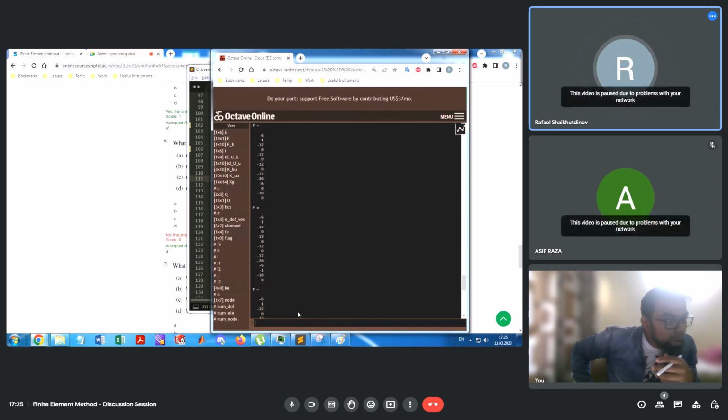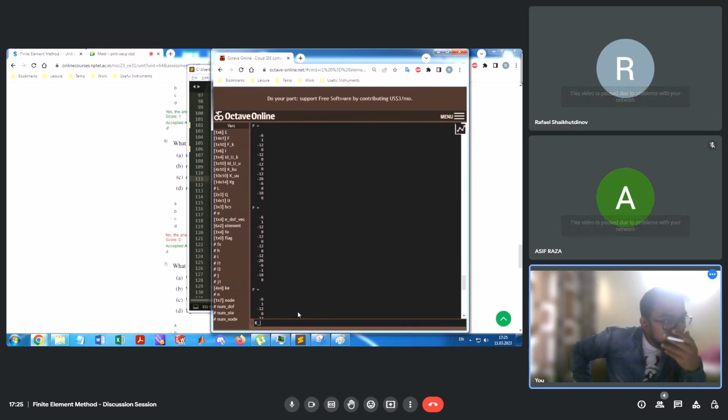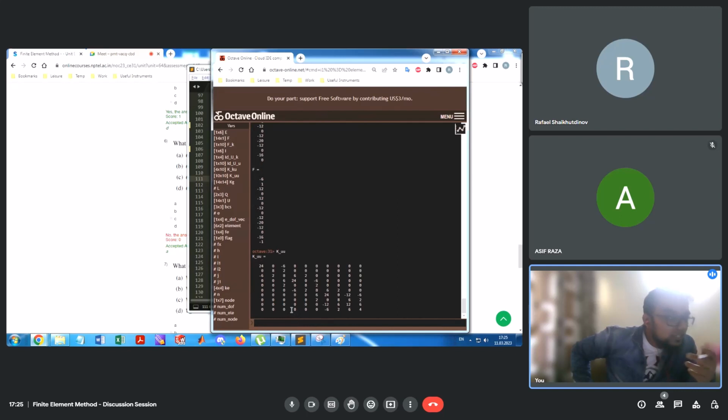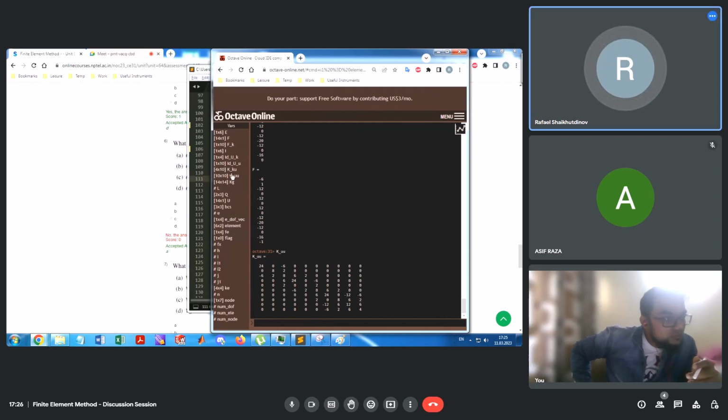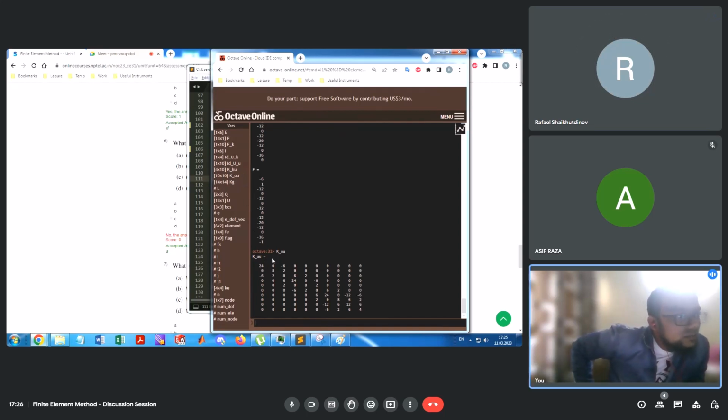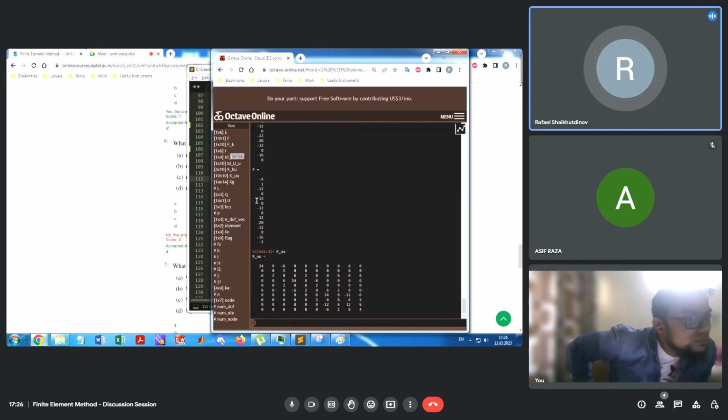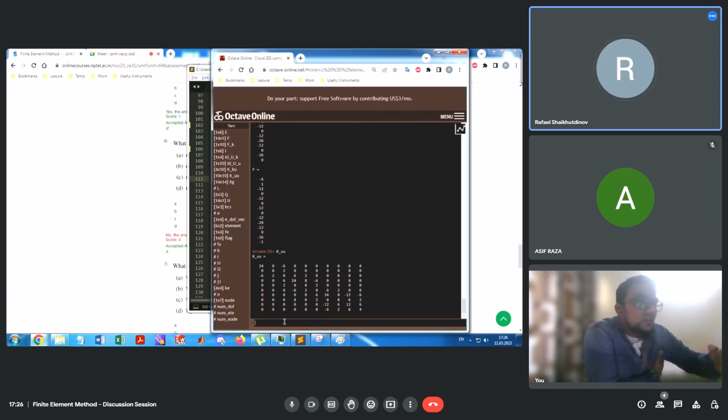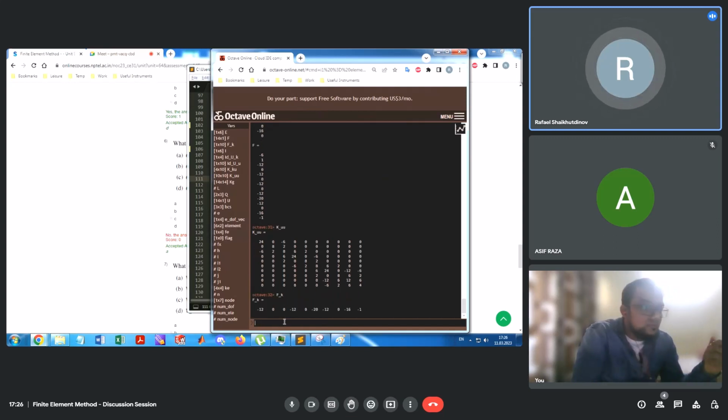Okay, let's check. KUU should be 10 by 10. So is it size of KUU? It is. I see this, as you can see. Okay. KUU is 10 by 10 and KKK must be 4 by 4. This is wrong, as you can see. FK, this dimension is not okay.